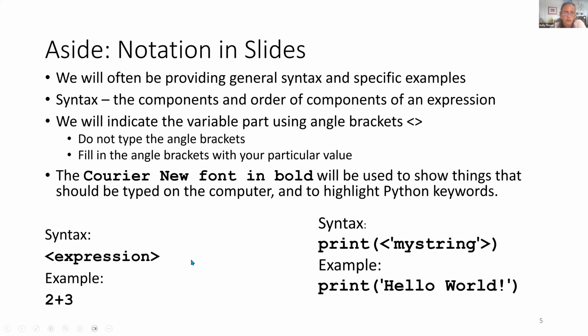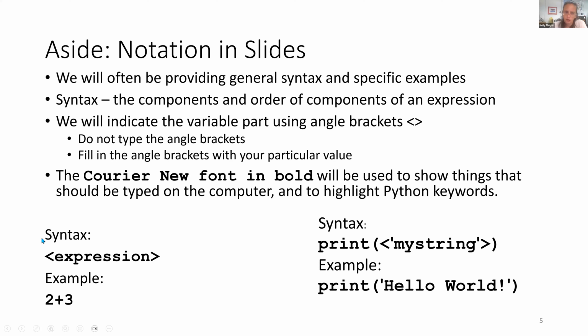And so we'd indicate the variable part using the angle brackets, just like I'm showing you here. So you shouldn't actually type the angle brackets. You should type the thing on the inside and fill it in with your thing. Okay, so for example, if we want to type some expression, we don't type the angle brackets, we substitute in that 2 plus 3 expression.